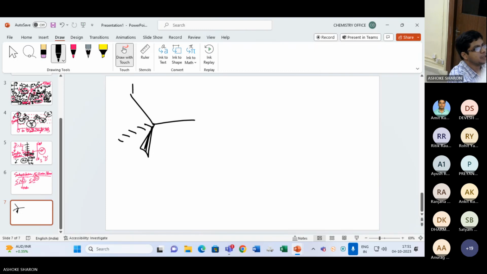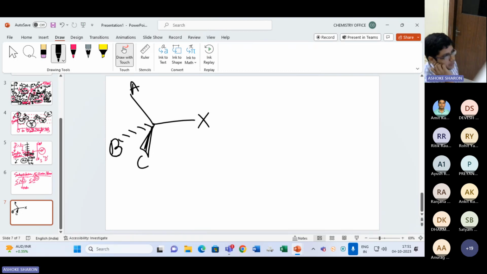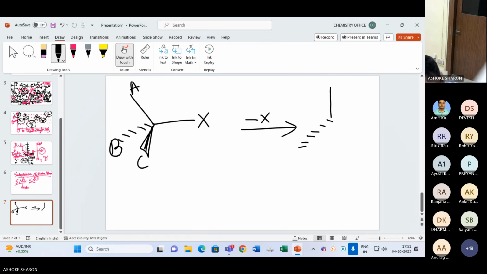If I consider A, B, C and X, when this molecule is treated under particular conditions, X is removed from your system. Then what you will get is A, B, C and a positive charge. So this is a carbocation.